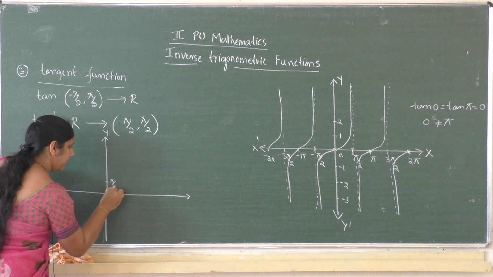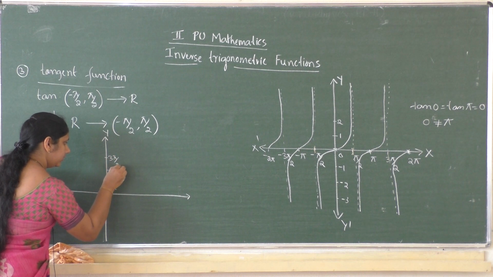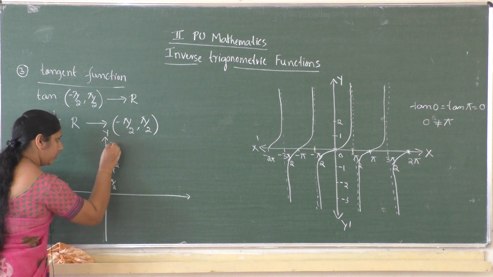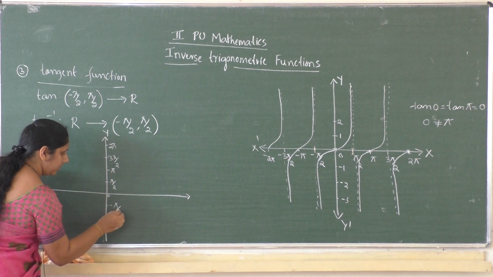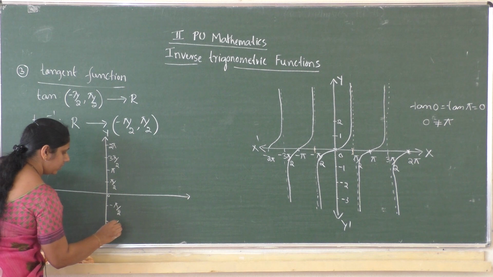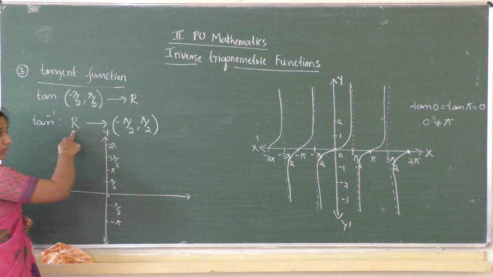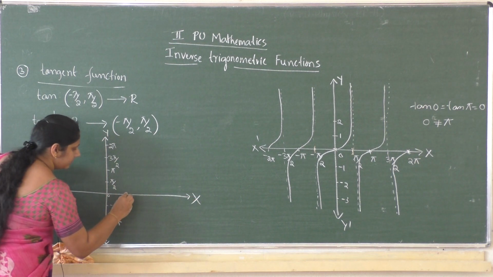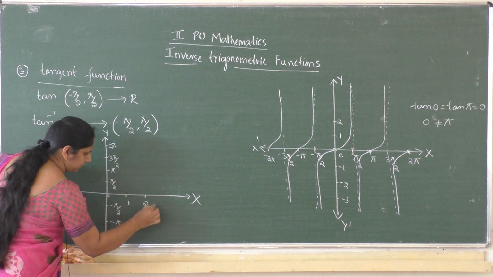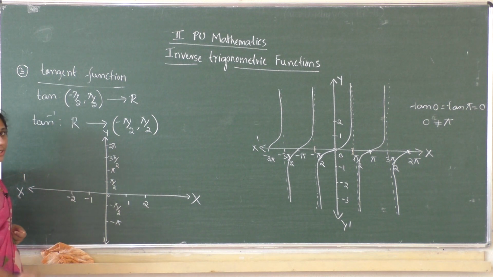So now we will do the graph. Here pi by 2, pi, 3 pi by 2, 2 pi, and here 0, here minus pi by 2, minus pi, and so on. Along the x-axis we have to take real numbers. So here 1, 2, and so on, and on the negative x-axis minus 1, minus 2, and so on.